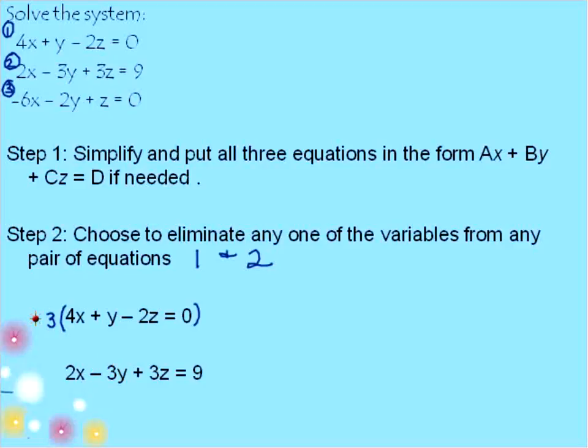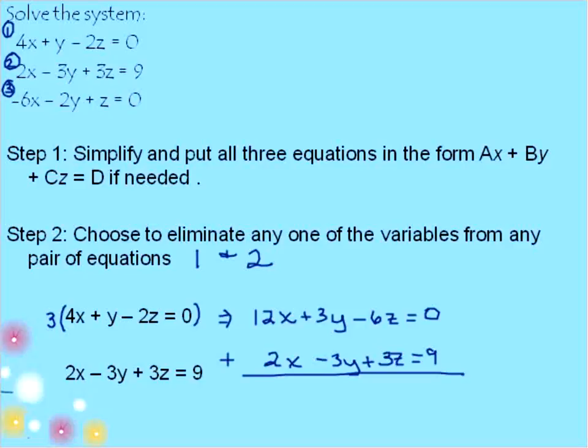So if I want to eliminate y, I need to multiply the top equation by 3 so that this y variable has the opposite number. Multiplying by 3 gives me 12x plus 3y minus 6z equal to 0. On the bottom, this one remains the same, 2x minus 3y plus 3z equal to 9.